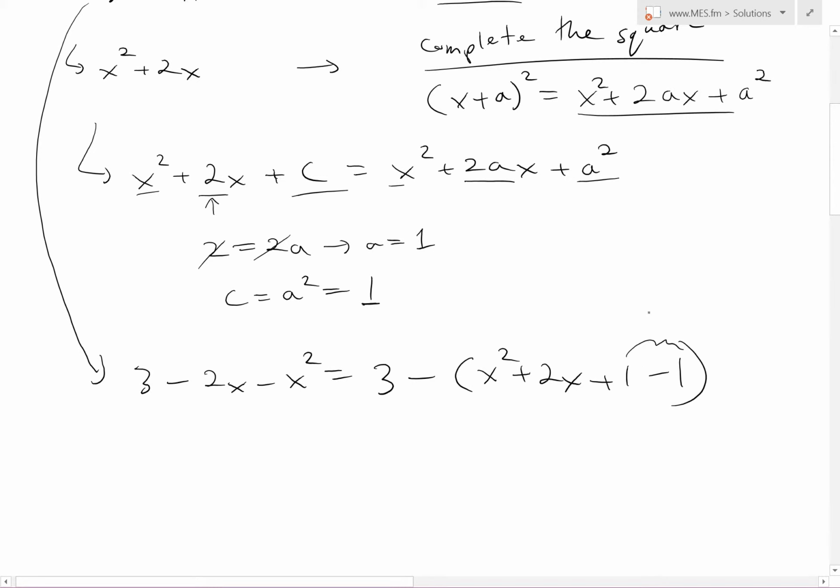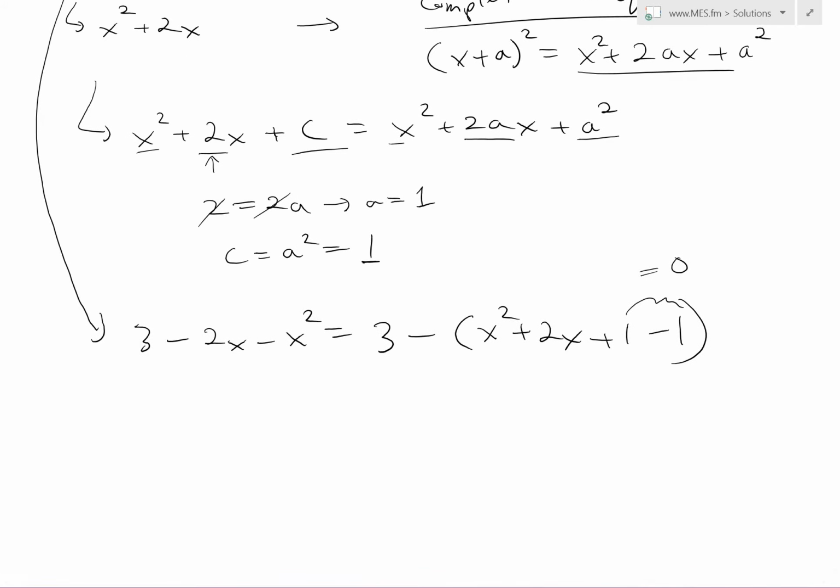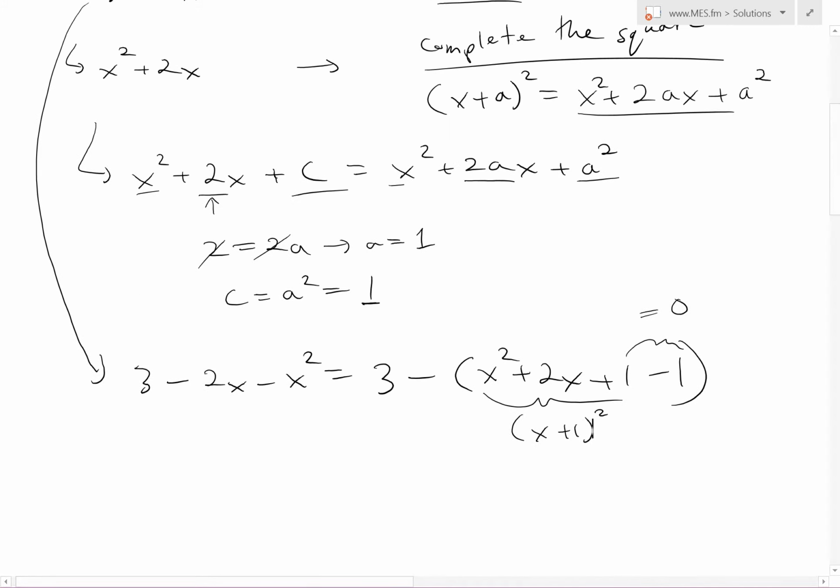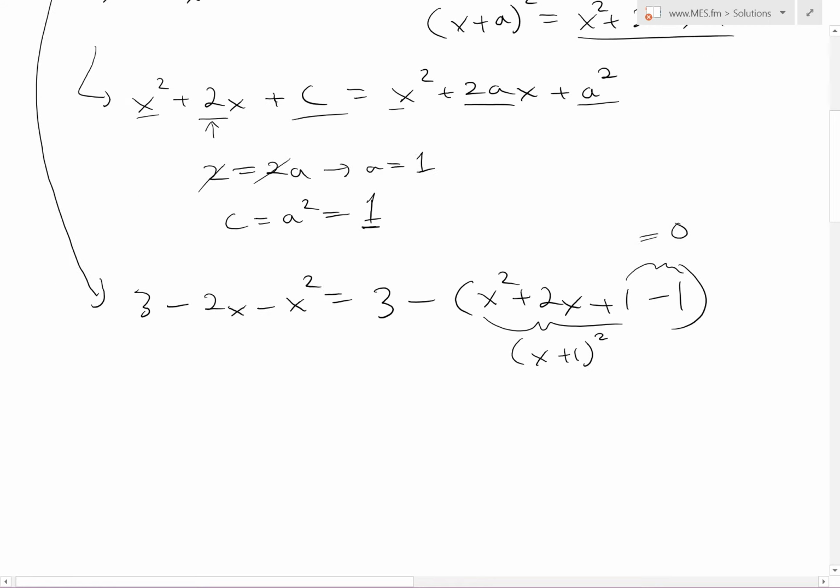These add up to 0, so we're not changing anything. It's still the same function, but now we can complete the square. This would equal just x plus 1 squared, exactly how this is right here, where a is equal to 1, which is exactly what we went over.